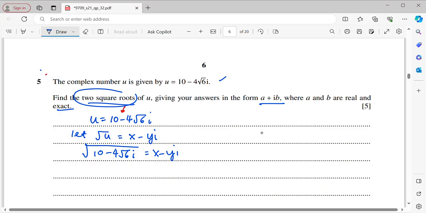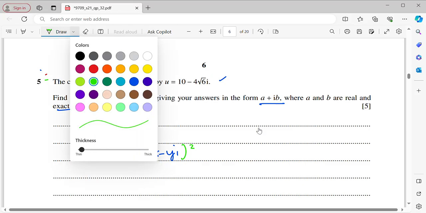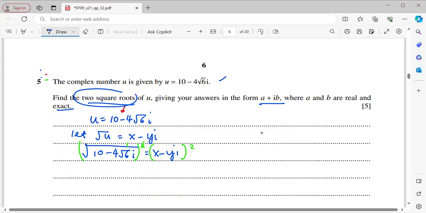Then to eliminate the square root, you need to square both sides. So the square and square root will cancel off on the left hand side, but for the right hand side we have to do expansion. So for the left hand side we get back the u, and for the right hand side you have to expand this quadratic. Then you'll be getting x squared minus 2xyi plus y squared i squared.